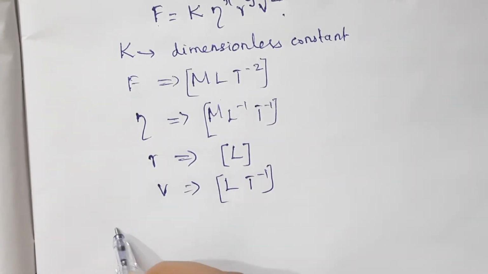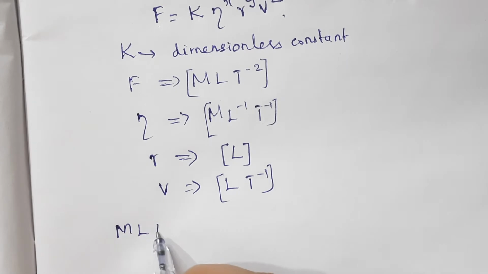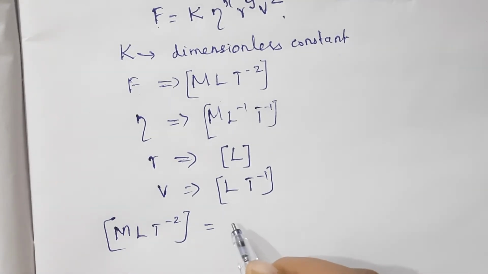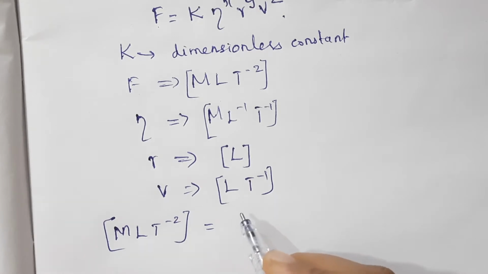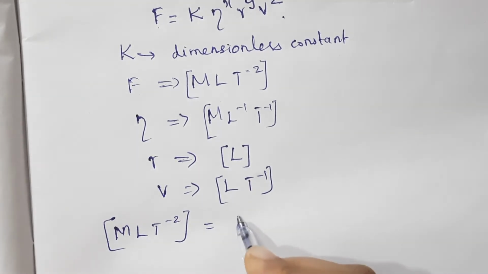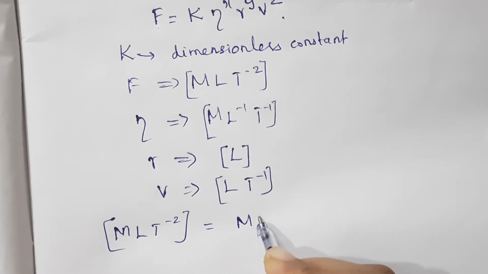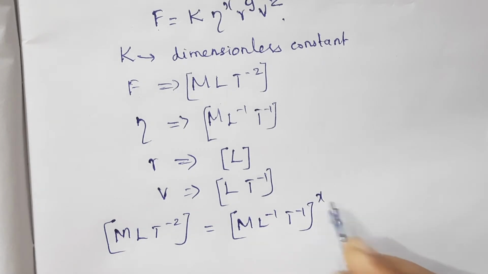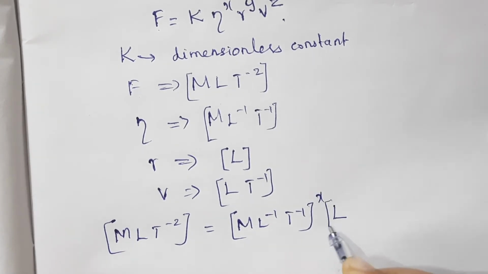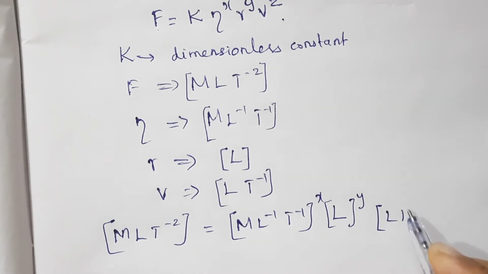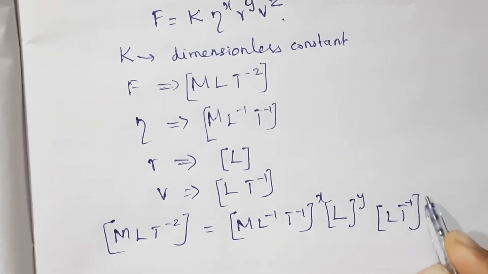So we can write M L T power minus 2, that is force, is equal to k, which has no dimension so we don't use it, and eta, M L power minus 1 T power minus 1 the whole power x, and L power y, and L T power minus 1 the whole power z.